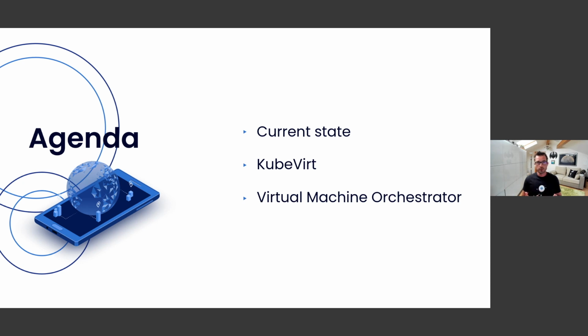But I will also discuss the challenges that KubeVirt brings. Finally, I will present our new Virtual Machine Orchestrator capability from Spectro Cloud Palette and how to use it to bring VM capabilities into Kubernetes. By the end of the webinar, you will have a better understanding of how to have your VMs and your containers managed together.